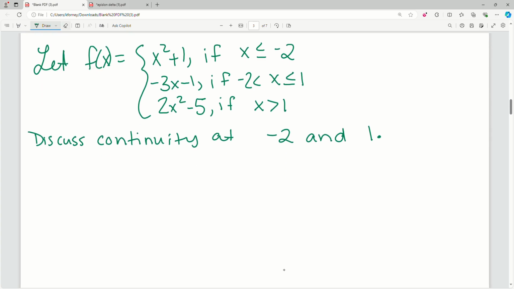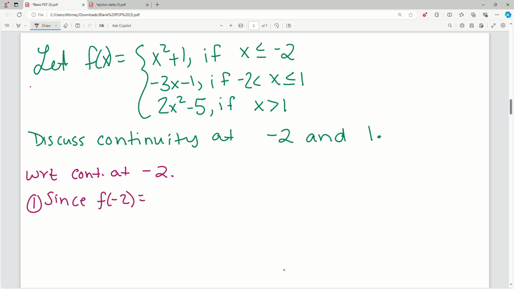So the first one we're going to look at with respect to continuity at negative 2. We'll do negative 2 first. So we're going to have our 1, 2, 3 discussion here. So first, we have to see, is negative 2 in the domain?